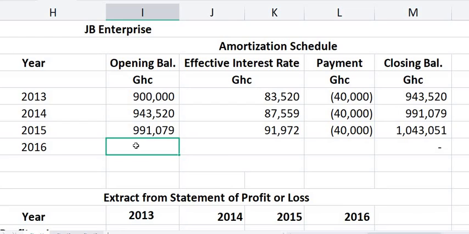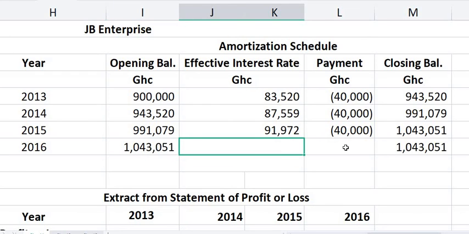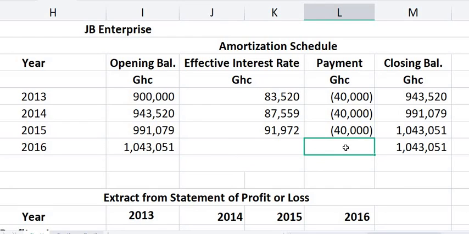So here you have the closing balance as the opening balance for the subsequent year. So that's 1,043,051.